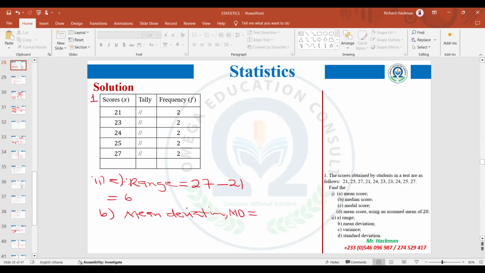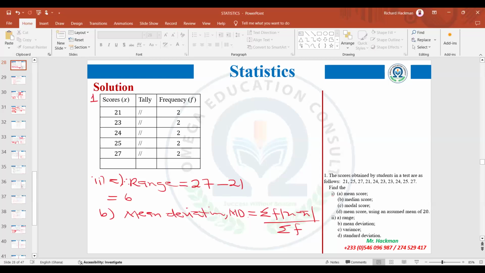Mean deviation, we said, will be the mean of the absolute value of the deviations. That is given by the formula, and here we are dealing with a frequency distribution table. So the formula will be sigma f, the absolute value of x minus x bar, all over sigma f. Is that clear?